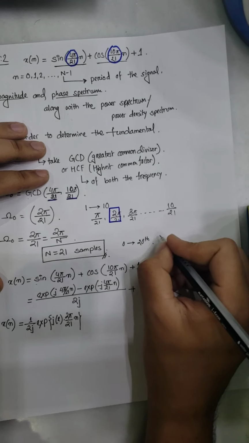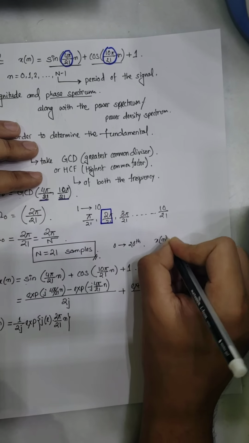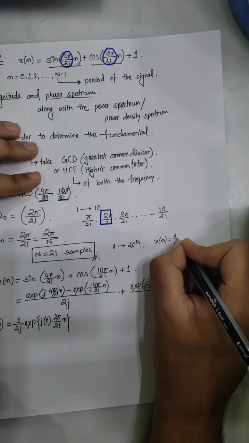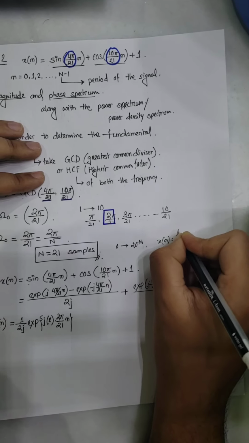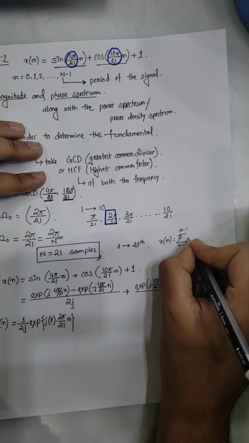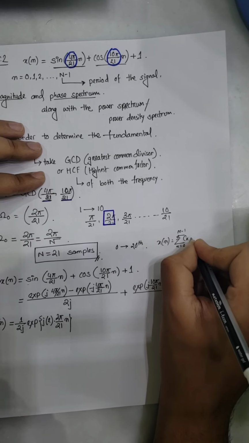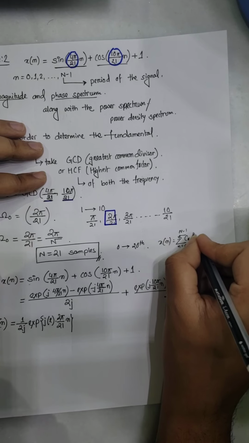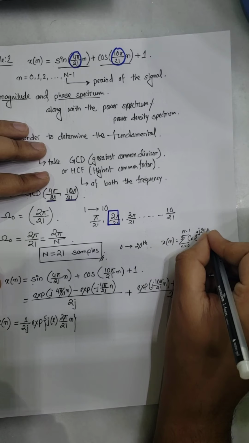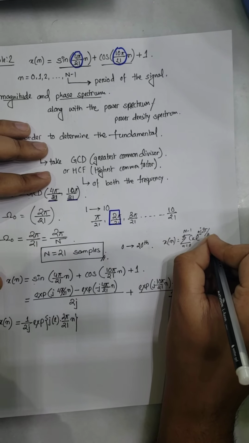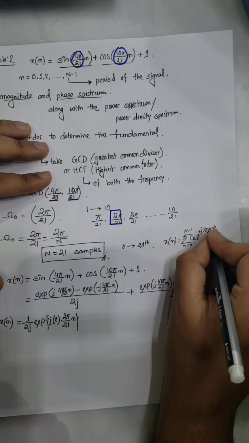So in the synthesis equation, x of n equals summation over n from 0 to N minus 1 of c of k e to the power j twice pi over N k n.